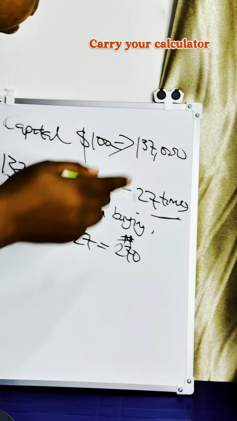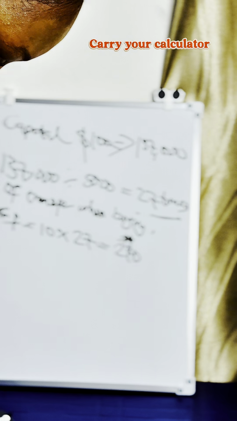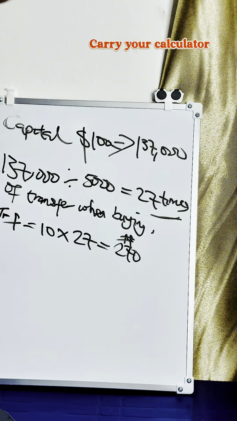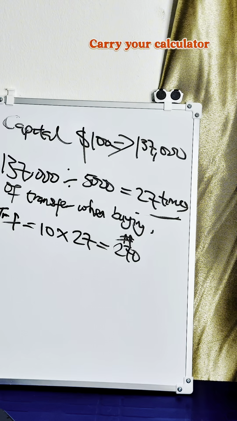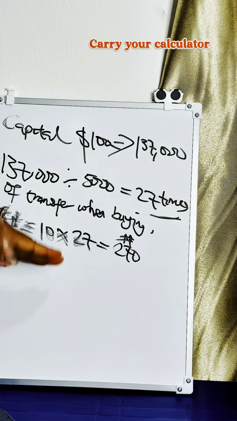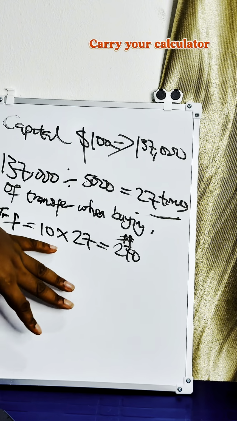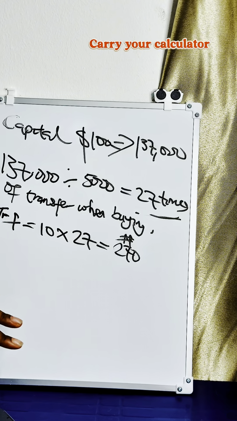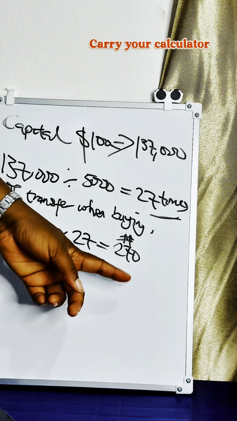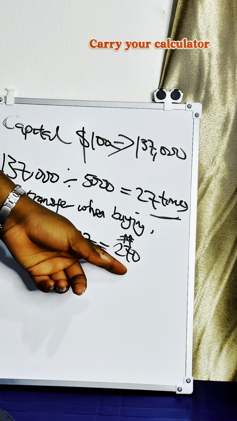Now that is if you'll be doing 5,000. But as a coach, I've come with a nice solution for you guys, so you can get almost 1,800 naira in profit and not spend close to this amount.